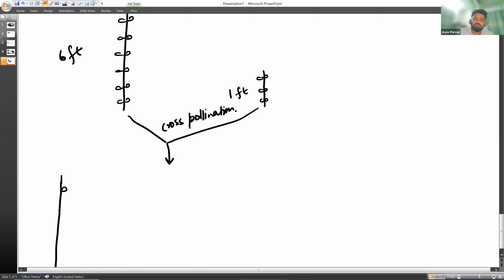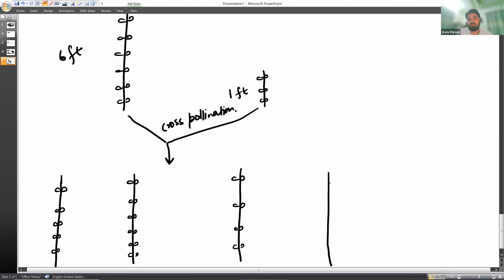He got all the same plants of 6 feet, and none was intermediate. They were all tall plants. If I'm doing 100 plants, then 100 plants were tall. I'm just drawing 4 here, but it is not specific. So all plants were tall.